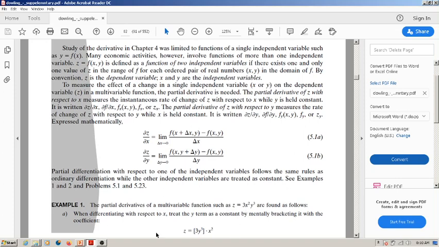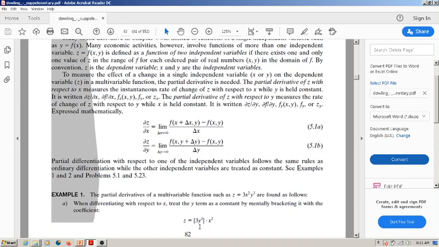Now, to differentiate this function with respect to x, z is differentiated with respect to x. In that differentiation, treat the term y as a constant. An easy thing is to mentally bracket this y term and take into account only the x term.